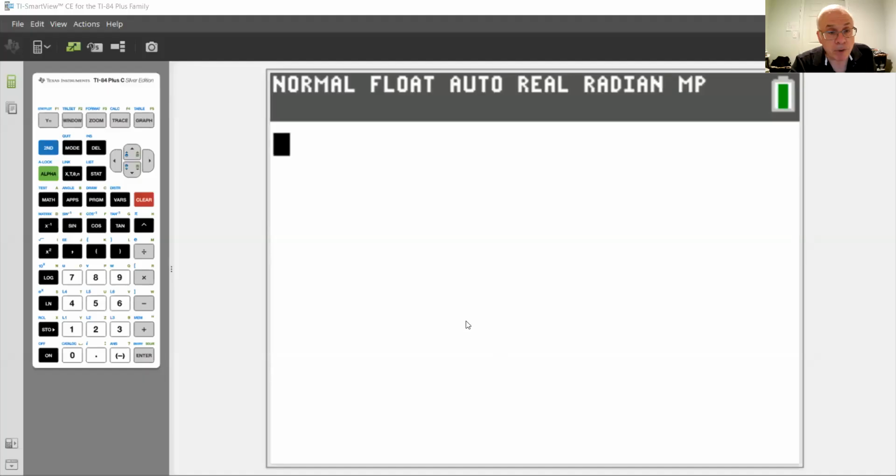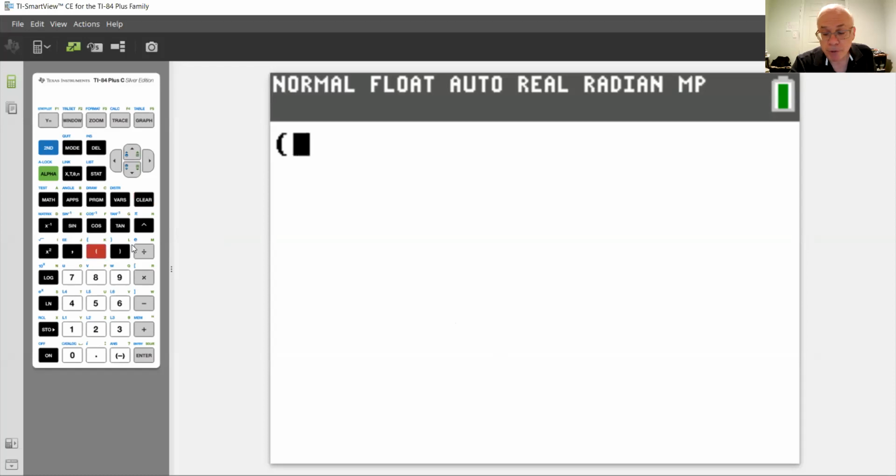Our test statistic, the numerator is going to be p hat minus our hypothesized p. So I'm going to open up a set of parentheses. P hat is 0.21. That's our sample proportion, minus our hypothesized proportion, 0.3. Now we divide by, and what's our denominator?